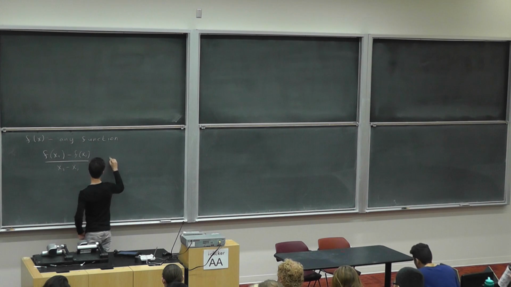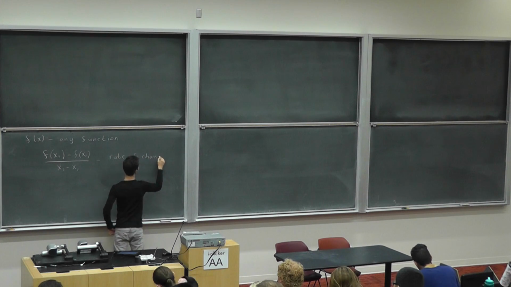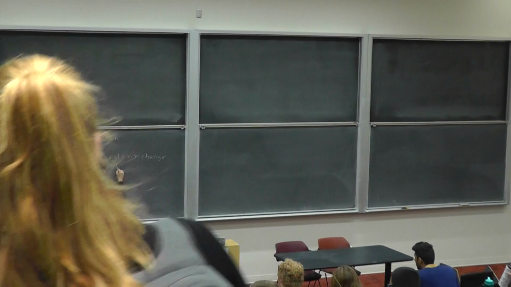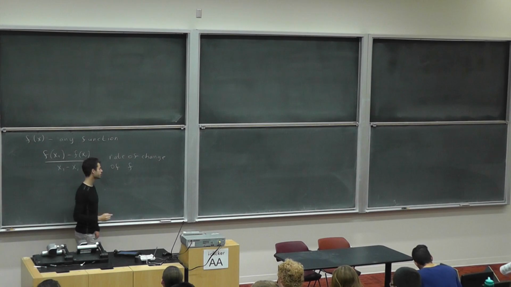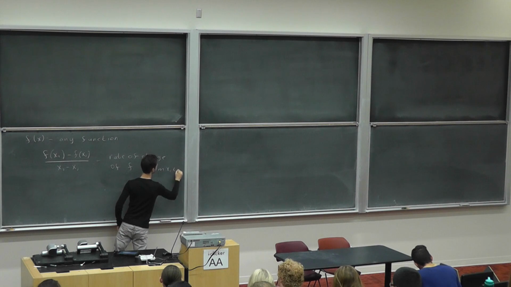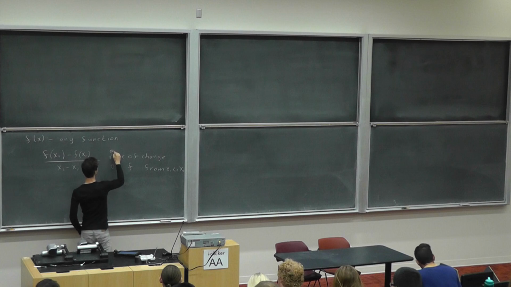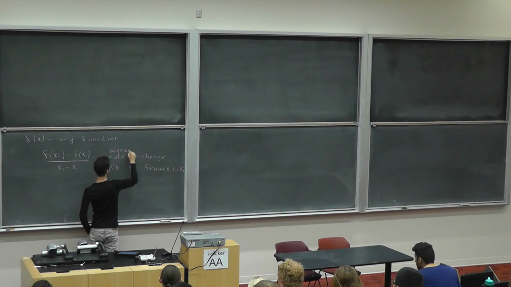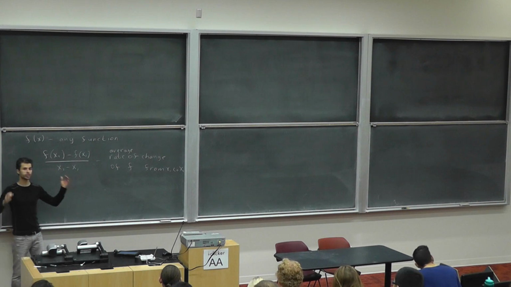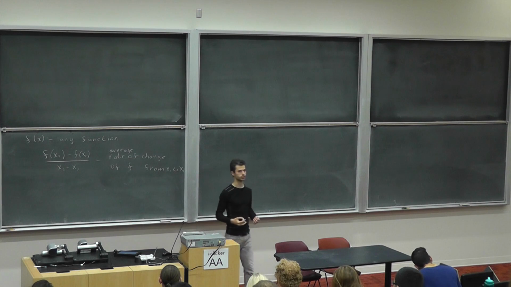And this was the rate of change of the function f from x1 to x2. And we said it was the average rate of change. So the average on this interval from x1 to x2, how fast the function was changing.